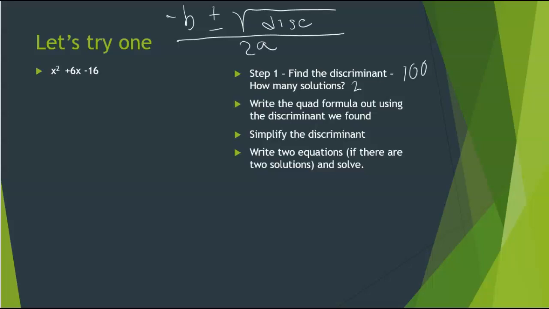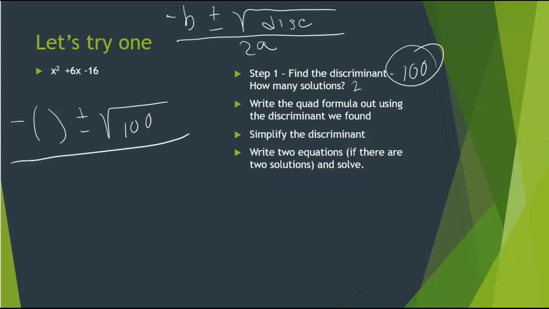So I'm going to write down here: opposite b plus minus the square root of the discriminant, and the discriminant is 100, all over 2 times a, and a is 1, right? b is 6.